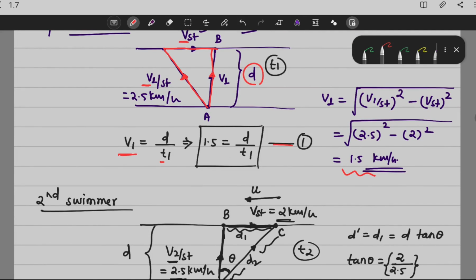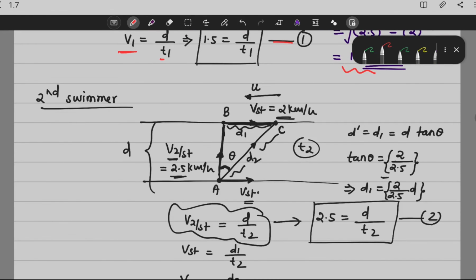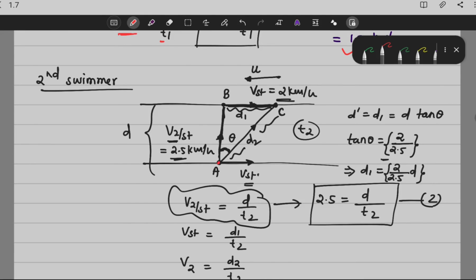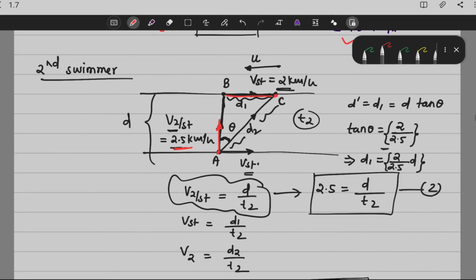Then we got the first equation, and then talked about the second swimmer who was actually traveling from point A to point C, and it was moving in this direction with respect to the stream with velocity of 2.5 km per hour, and this is the stream velocity. So it means that if we have the velocity in this particular direction, then what is the time taken to go from here to here?